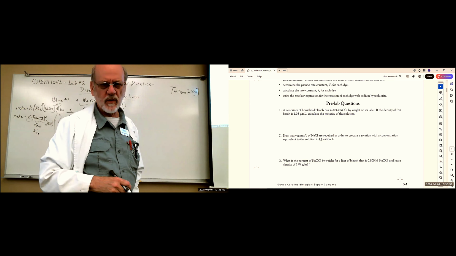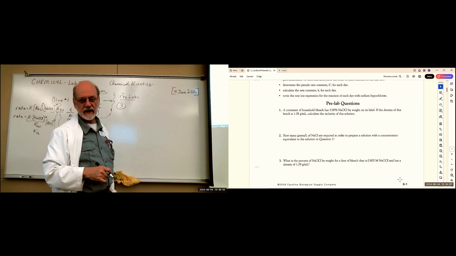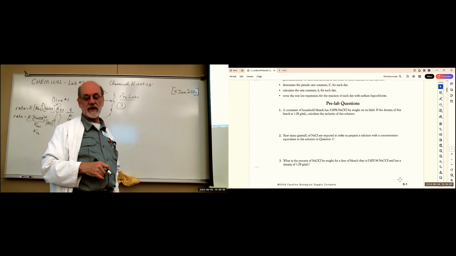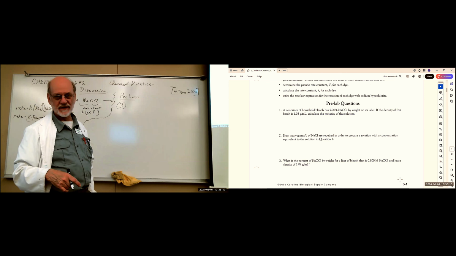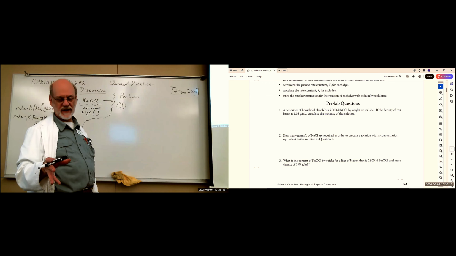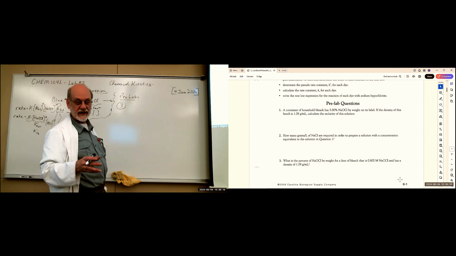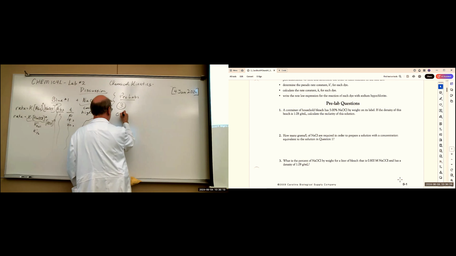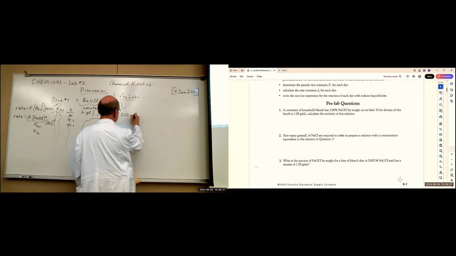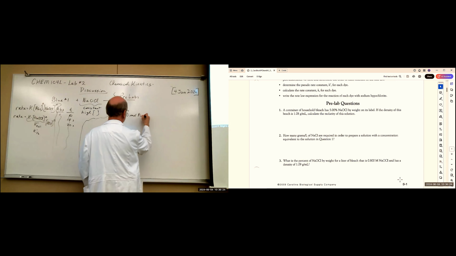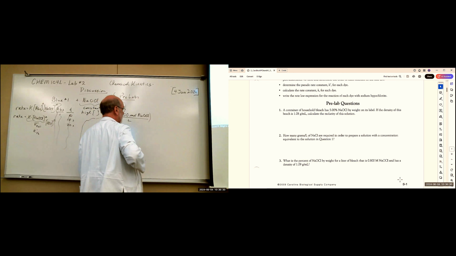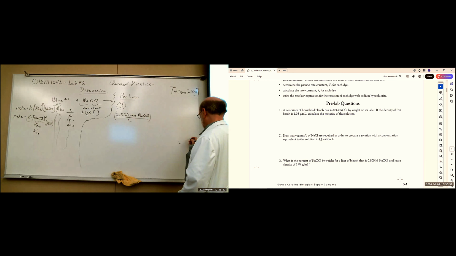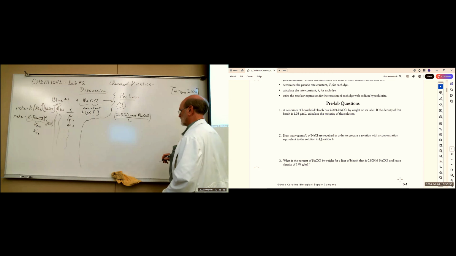What's the percent sodium hypochlorite by weight for a liter of bleach that is 0.8 molar sodium hypochlorite and has a density of 1.09 grams per milliliter? Okay, this is taking experiment number 1 and going in reverse. What's the percent by weight? So if we're starting off with 0.8 moles of sodium hypochlorite per liter, we want to end up with grams per 100 grams of solution.